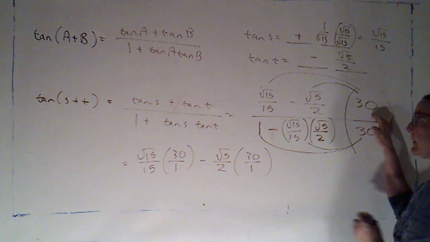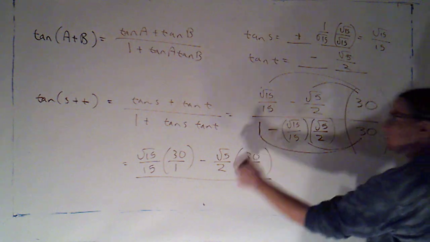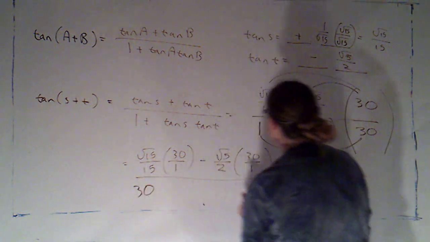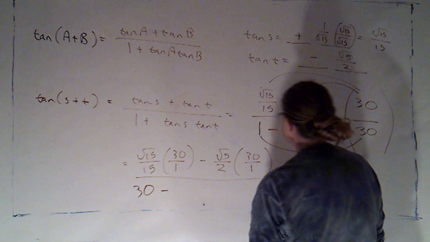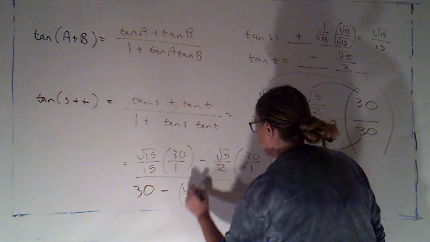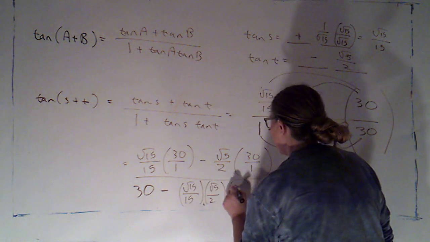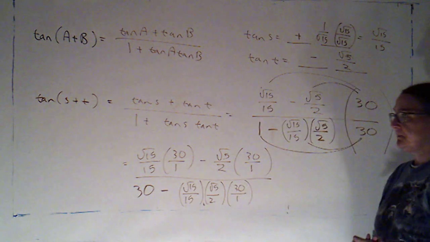That's distributing on the top. Now let's distribute on bottom. 30 times 1 is just going to give me a 30, minus root 15 over 15 times root 5 over 2 times 30 over 1.